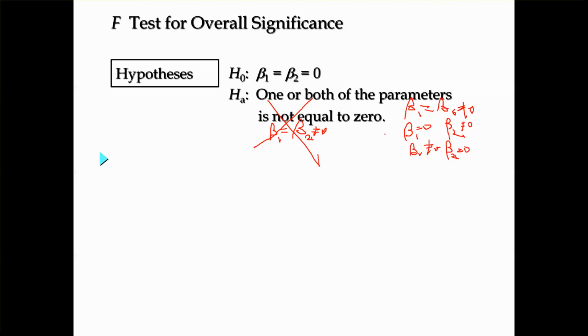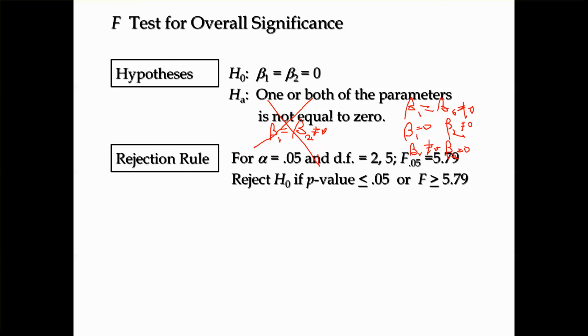So obviously you need to include all three possible scenarios to make your HA. You cannot write beta 1 equal to beta 2 not equal to 0, because this is just one of these three cases. So instead of listing all three, you can just write down one or both of the parameters not equal to 0.